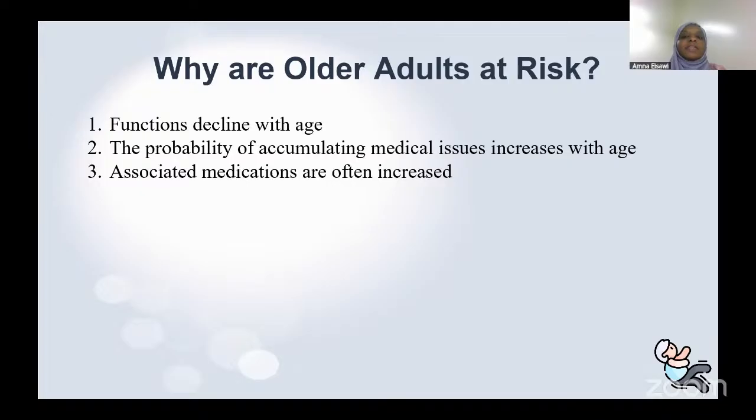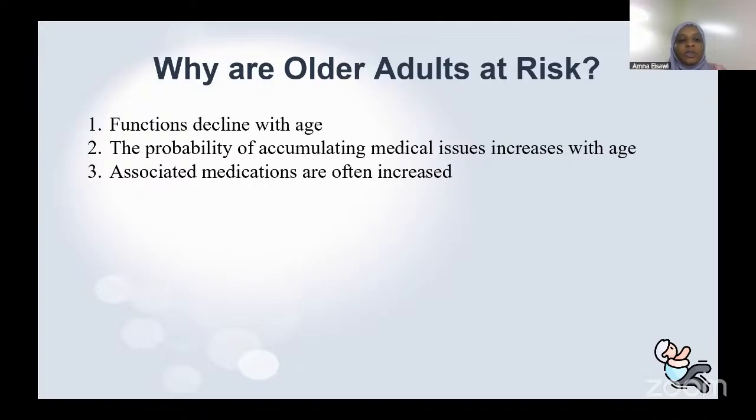Now, there's also a probability of accumulating medical issues with age, which also contributes to more loss of function and more loss of muscle mass. And then a lot of medications contribute to increasing the risk of falls in adults. A very famous and very dangerous one is benzodiazepines, and generally psychotic or hypnotic medications, and also medications that cause low blood pressure and can cause dizziness, vertigo, and other issues.